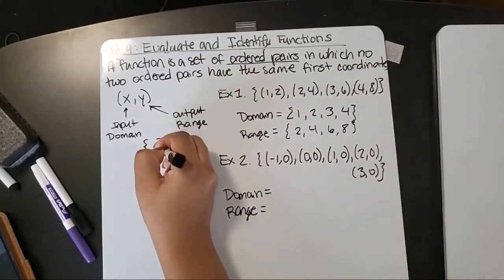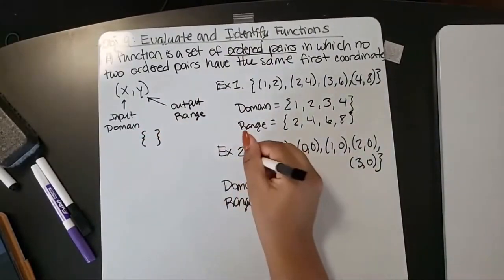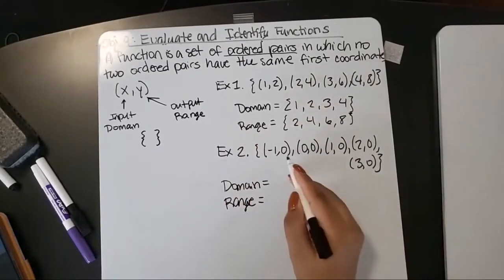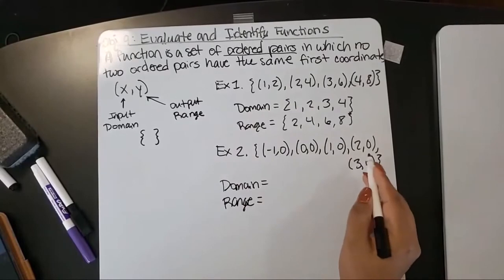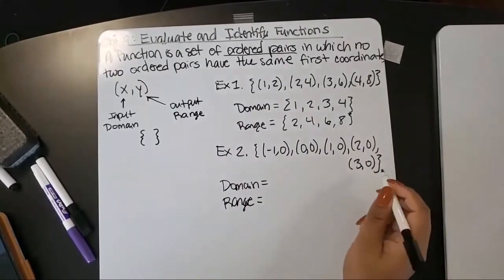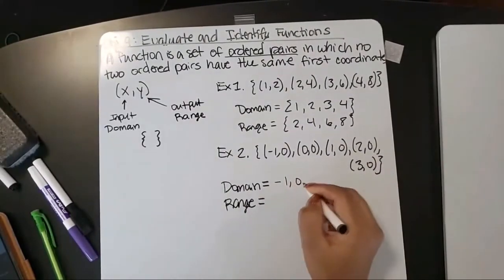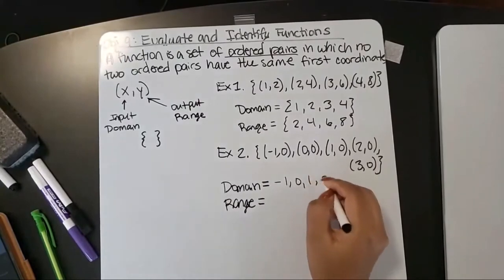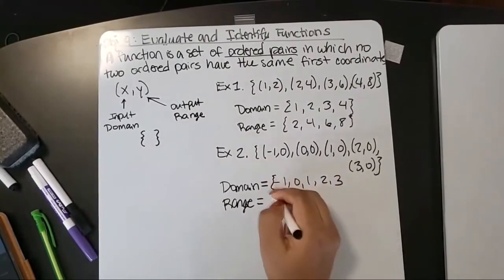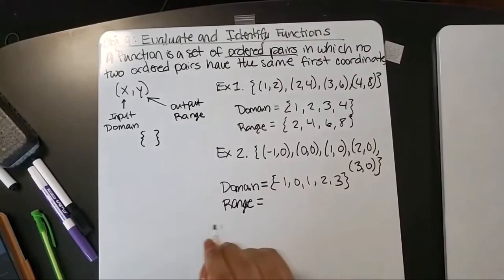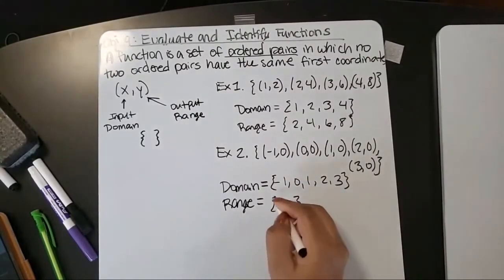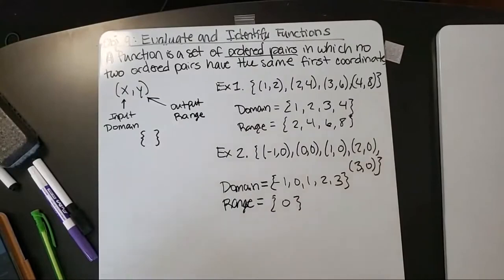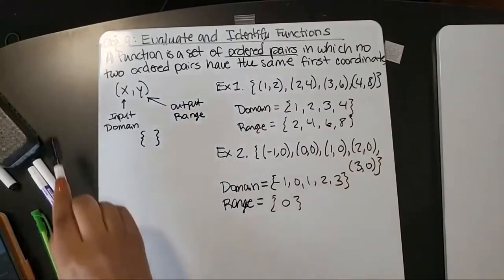For example 2, we have the domain -1, 0, 1, 2, and 3. That is correct. And for the range, all you have to do is put 1, 0.